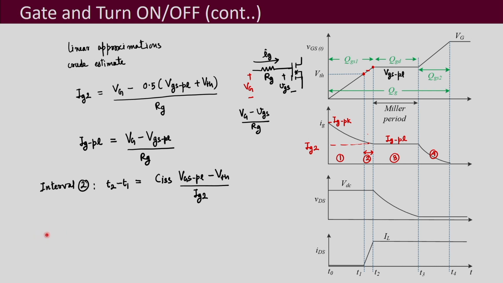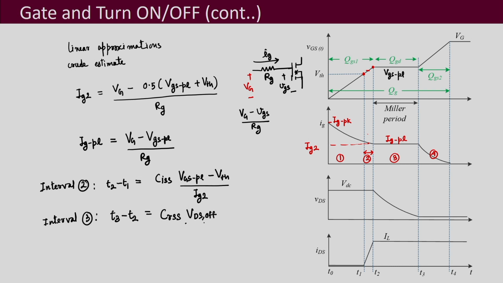And then for your interval 3, which we have named T3 minus T2, that is equal to CRSS into VDS off state.